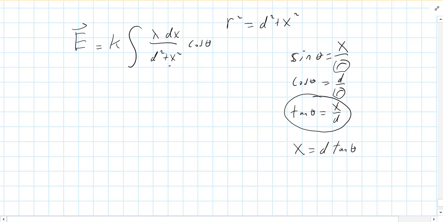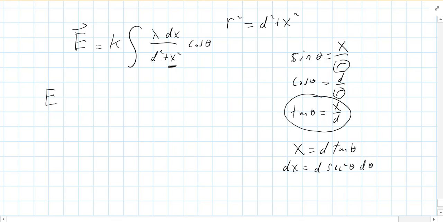That will take care of this. For dx, we've got to do a derivative. The derivative of tangent of theta is secant squared of theta d theta. Your calculus teachers would absolutely love this, that we're actually using calculus to do a physics problem. All right, so now we've got dx and x in terms of theta.